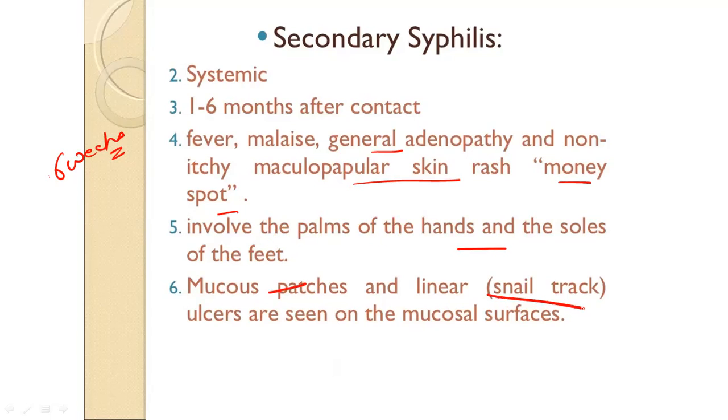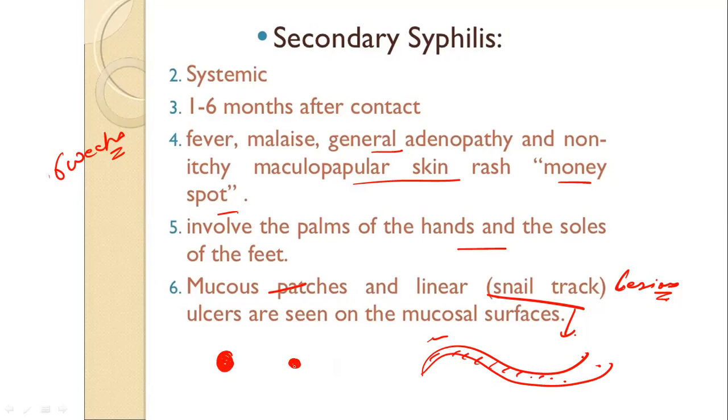These are snail track ulcers, lesions. What are these? The track which is left behind by a snail. They look like that, right? So they are called snail track ulcers. And one more thing, there are pigmentations, hyperpigmented macules on the body.